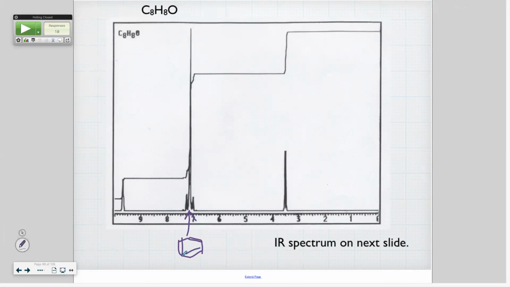Somebody else said an aldehyde. Do you remember what an aldehyde is? Yeah, CHO. We got two pieces already.